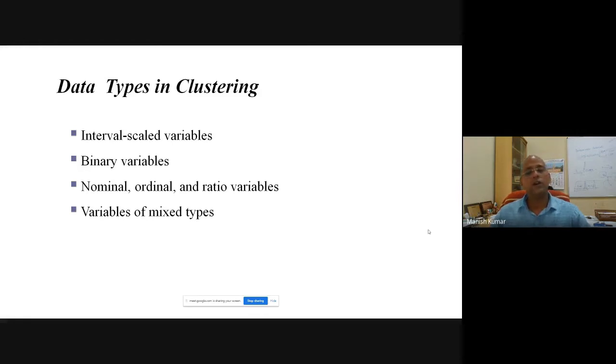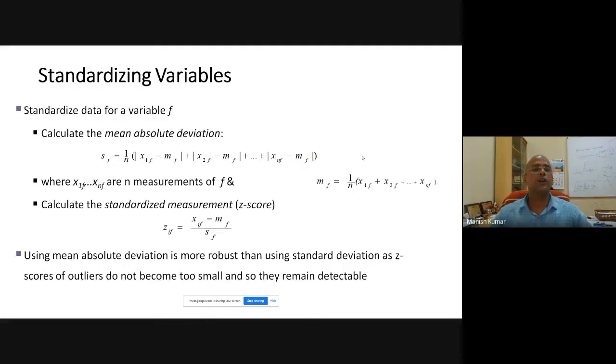And obviously you have the flexibility that out of all these above data types, we can mix certain sets of data types and have our own mixed data types that can be used for clustering as well. There's one example I can give you, that is standardizing the variables.